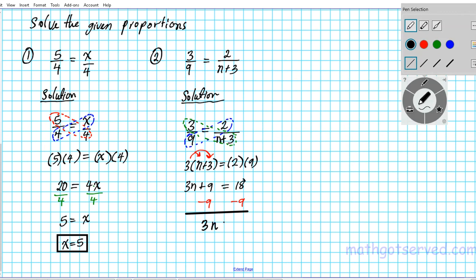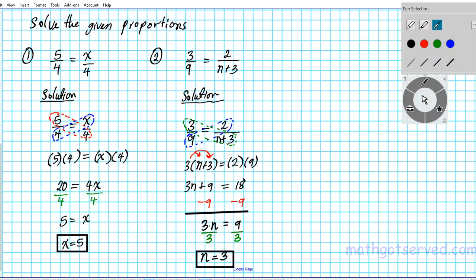Positive 9 minus 9 is 0. 18 minus 9 is 9. Then we proceed to divide both sides by 3 to get rid of this 3, which is being multiplied by n. The inverse is division, so we divide both sides by 3. That gives us our final answer, n equals 9 over 3, which is just 3. That was the solution to question number 2.